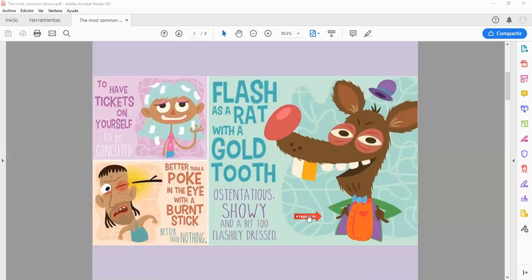Do you remember that scene? Well, in that scene, they were flashy as a rat with a gold tooth because they were the center of attention in that moment, but they were a little ridiculous.